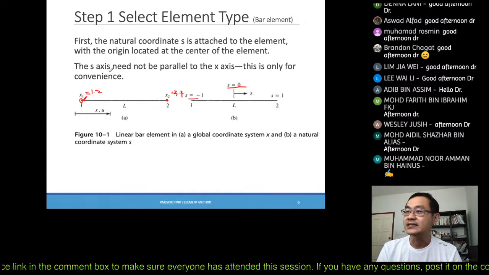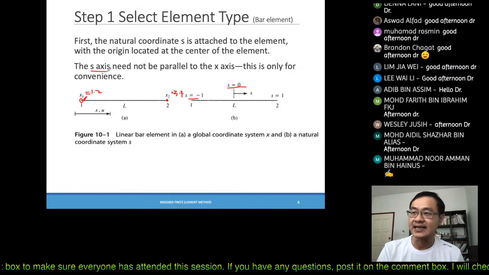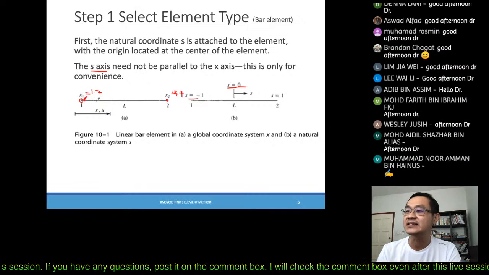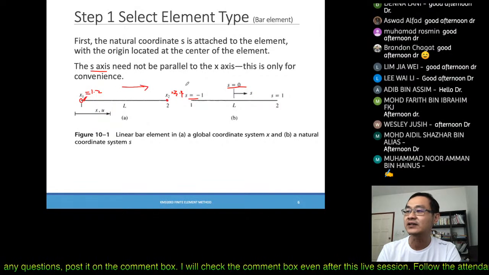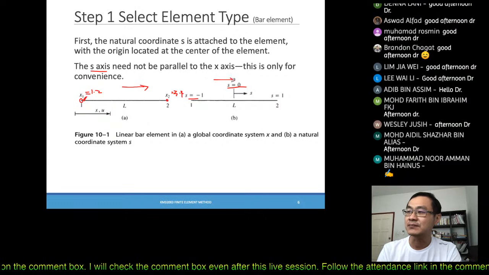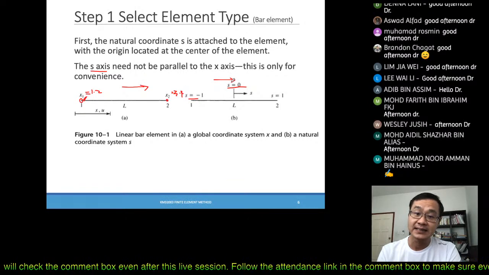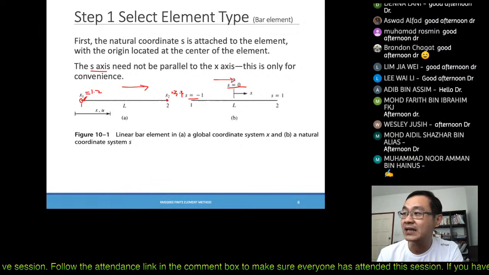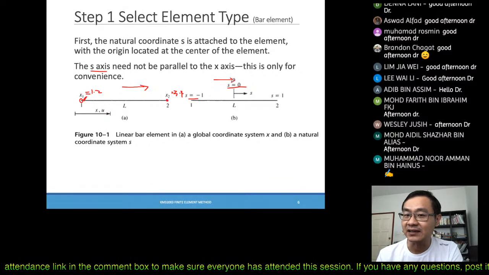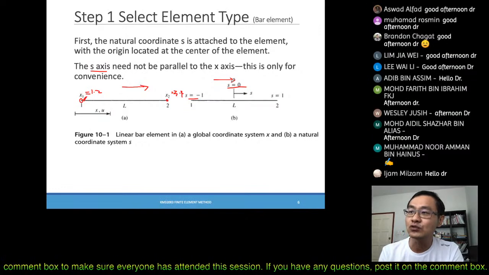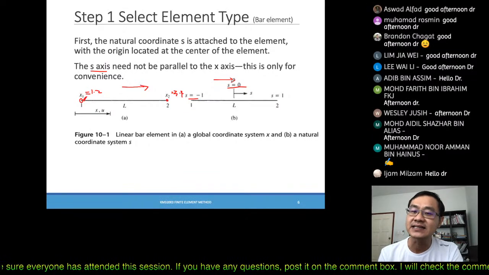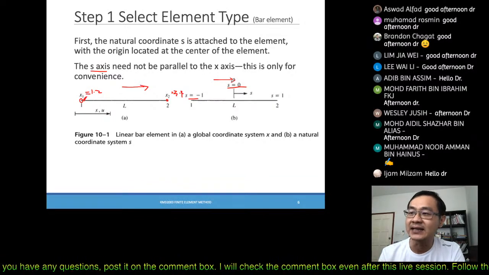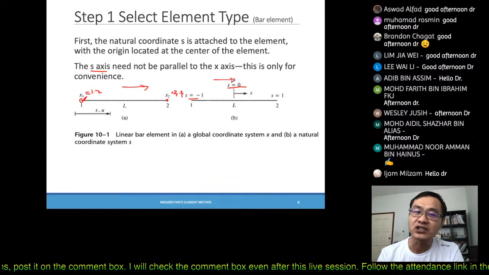As we can see, this s-axis does not necessarily need to be parallel with the x-axis. It may or may not be parallel to the x-axis. For this bar element it may not be that clear, because we still align our x-axis along the direction of the bar.